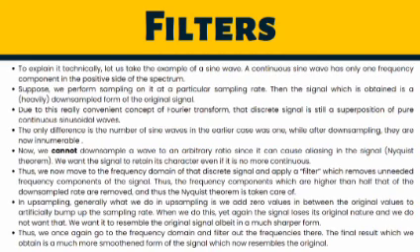Now, since we are humans, we can understand that it is a sine wave, but the computer cannot. When there is any sort of discontinuity in any wave, this includes sine waves as well, then by the concept of Fourier transform, we can say that it is a superposition of pure continuous sinusoidal waves.